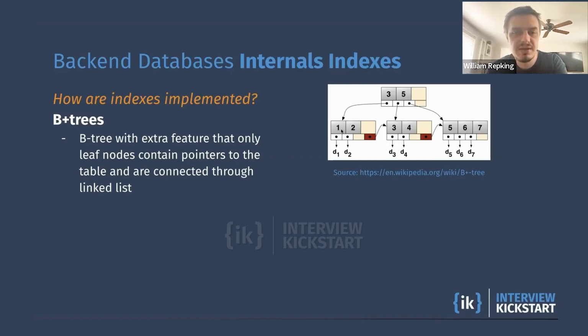So we can go directly 1, 2, 3, 4, 5, 6, 7. We don't have to go back up like 3. We don't have to do a depth first search. All we do is search for the least value, and then once we're in the leaf node, we can just traverse through the linked list.